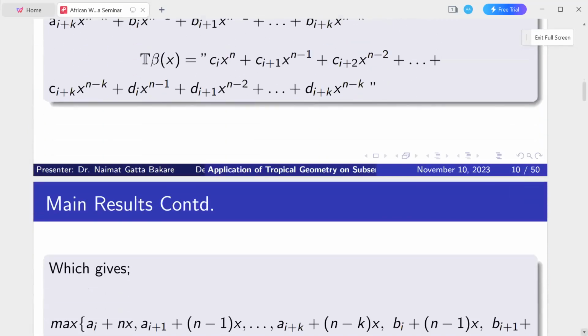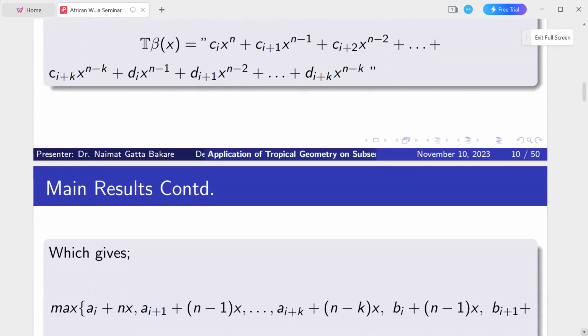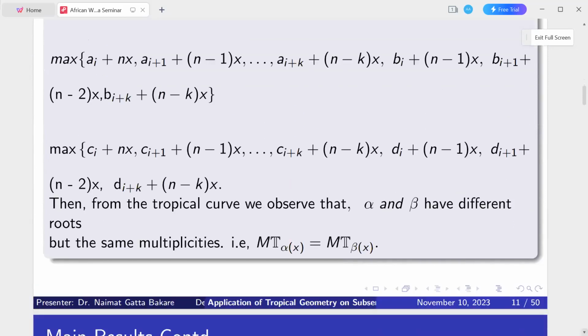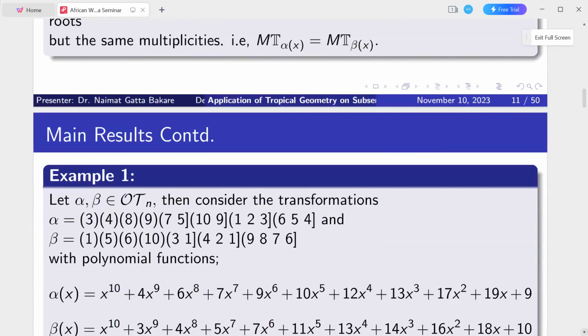Then let me go straight to the example, because it's the example that we use to validate our result, for you to understand what I'm trying to explain. In proving, we discover that, considering two different transformations, alpha of x and beta of x, their multiplicities are the same. Why? Let's go to the example.